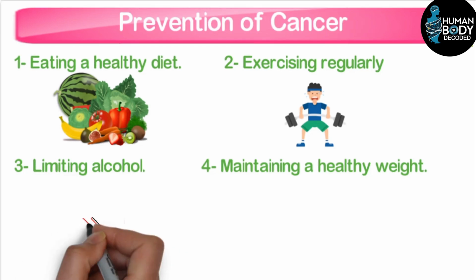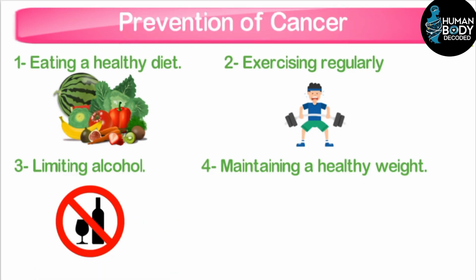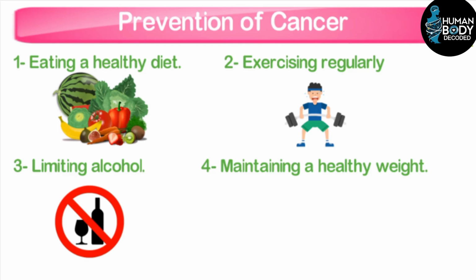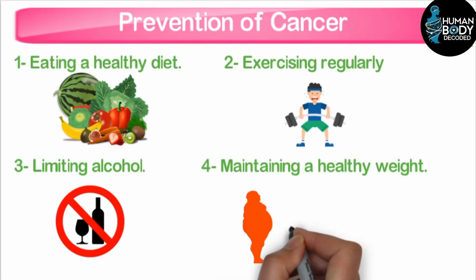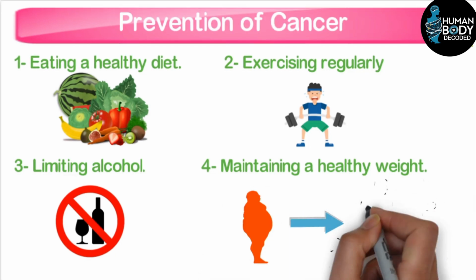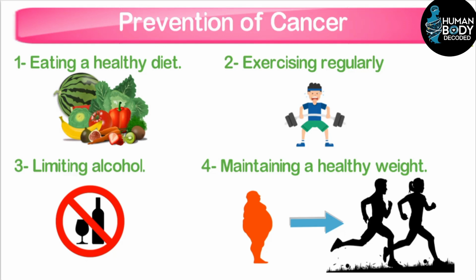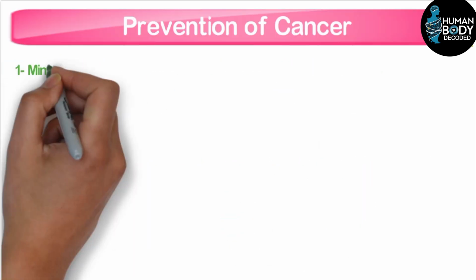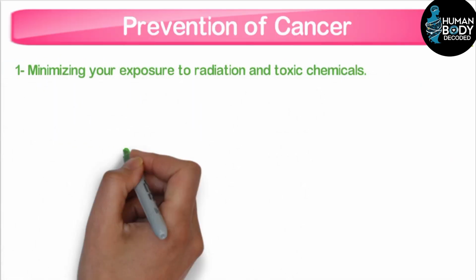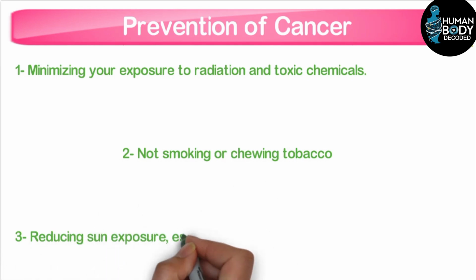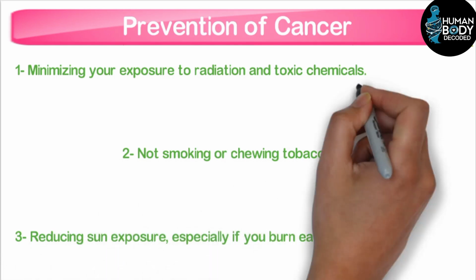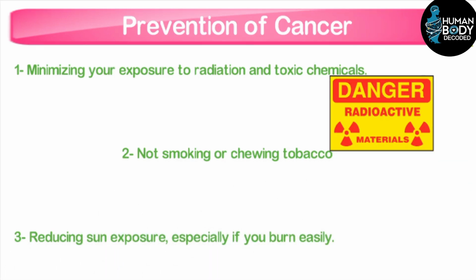If someone drinks alcohol, then they should stop drinking alcohol. If someone is suffering from obesity, then they should lose weight. They should reduce their weight. Along with that, those who work in radiation or go near toxic chemical substances should minimize their exposure to them.